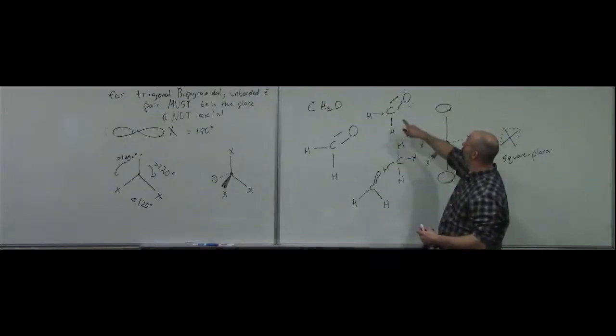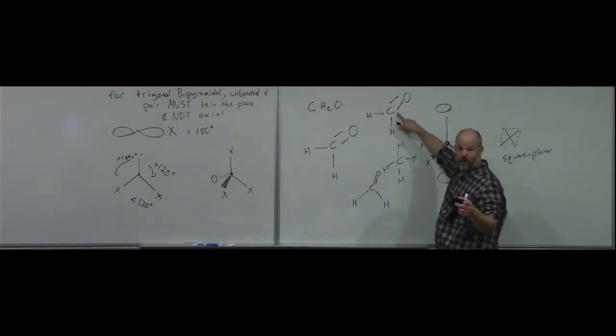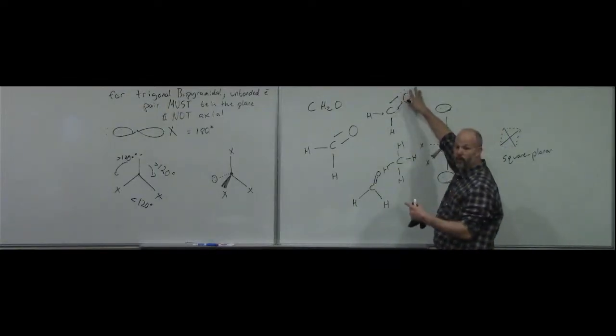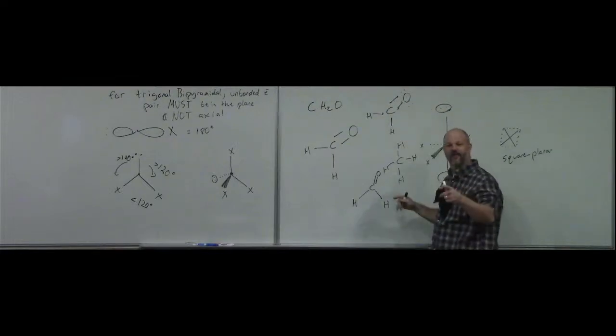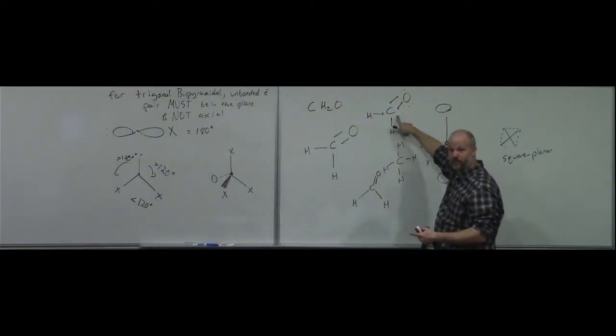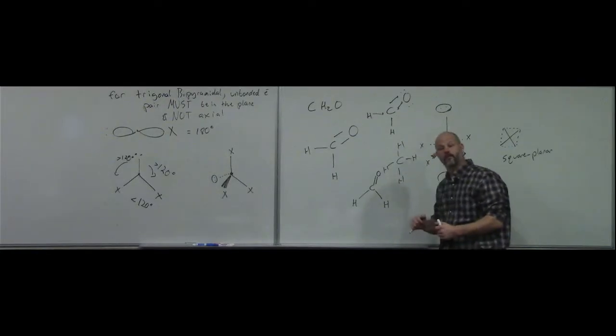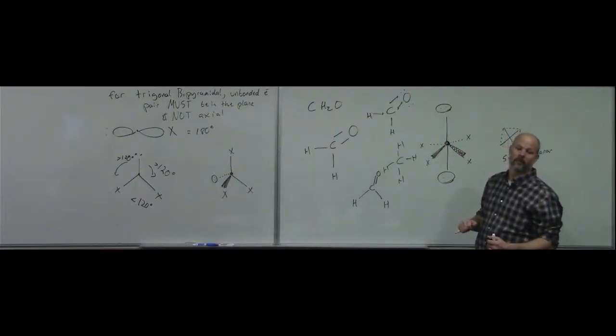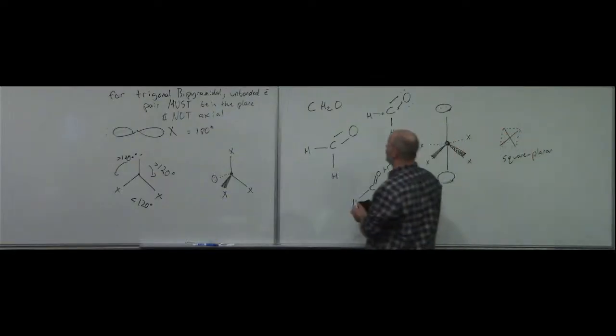Oxygen's not my central atom here, so we don't even worry about the oxygen. Oh, okay, that's what I was confused about. Fair enough. We're only worried about the central atom. So if I have another molecule, lone pairs of electrons on outer atoms don't affect the structure. Correct.